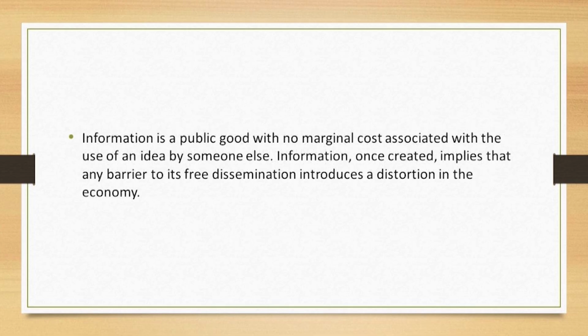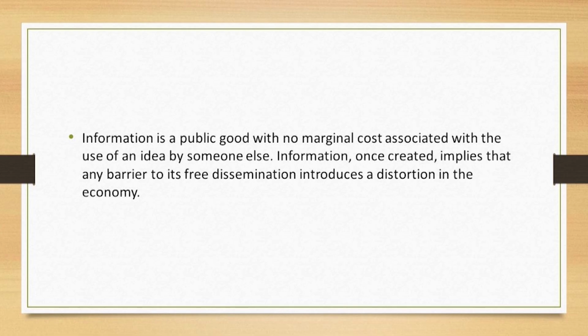It is a public good with no marginal cost associated with the use of an idea by someone else. So information is a public good, and it is exposed in the public domain. If someone uses the idea, there is no harm, because it is a public good.